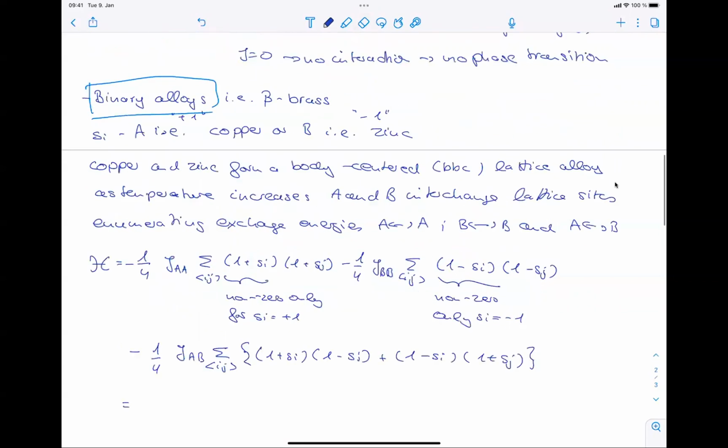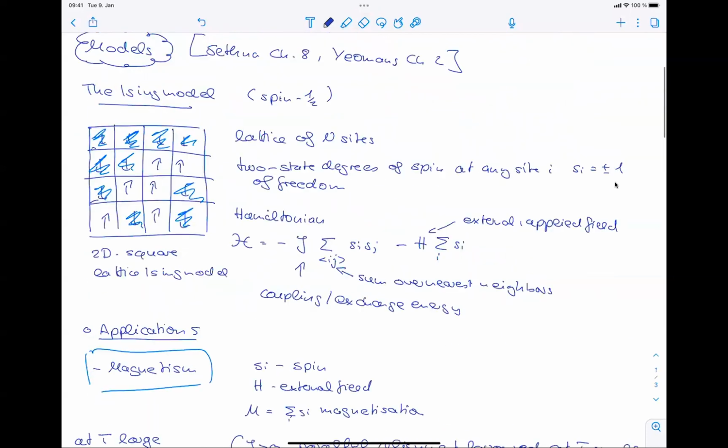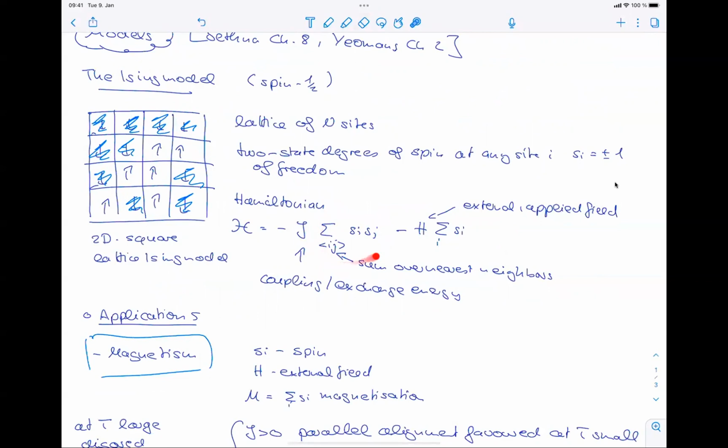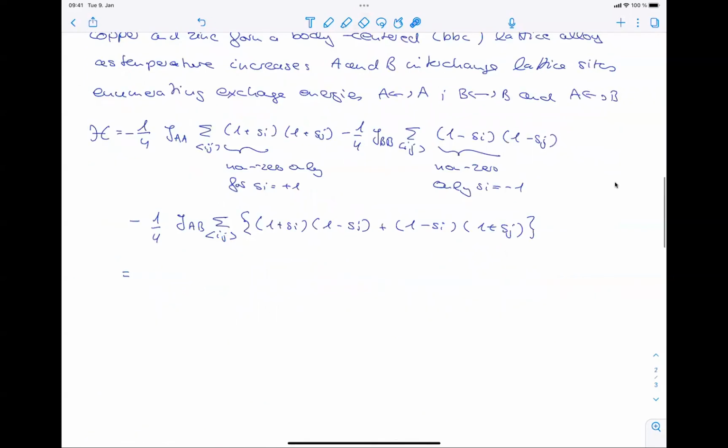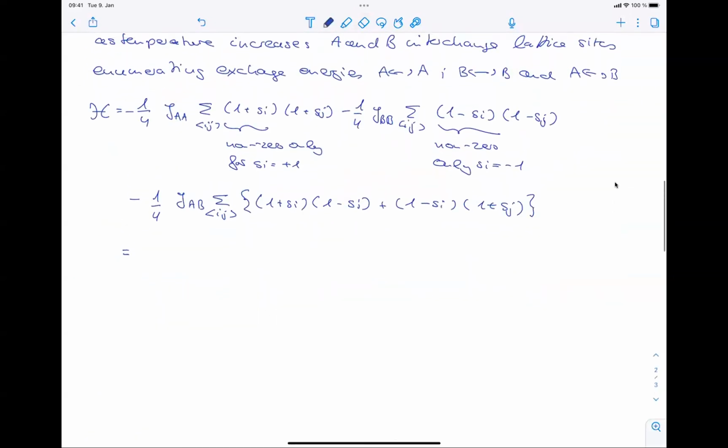Okay. And if we go back to the Ising model, remember that what we have here is a first term, which is the product of the Si and the Sj. So we can rearrange our terms here now to just accumulate here's an SiSj term, here's an Si, and here SiSj terms, right? And so we get, just lump out, a quarter J_AA plus a quarter J_BB minus a half J_AB.